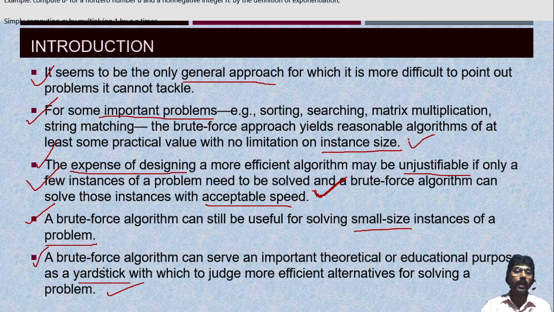If you design any other new techniques, and solve the same problem using some other techniques, then you can use this brute force algorithm as a measuring stick or yardstick. You can compare which one is better. To measure that, we need some brute force algorithms.